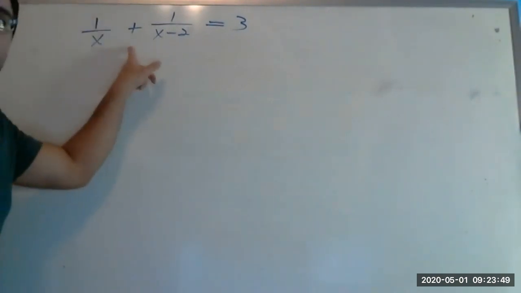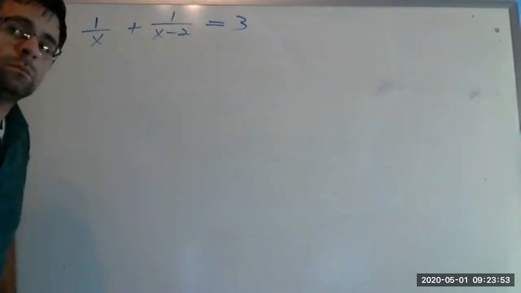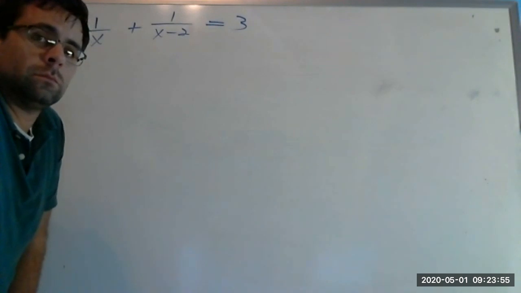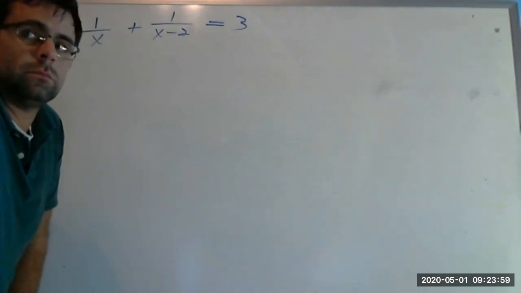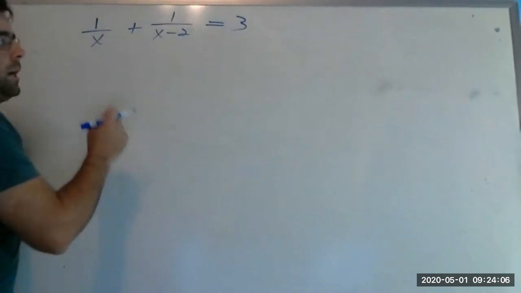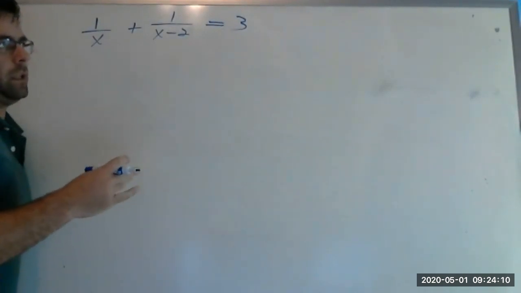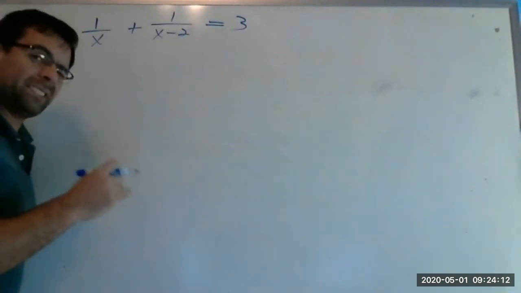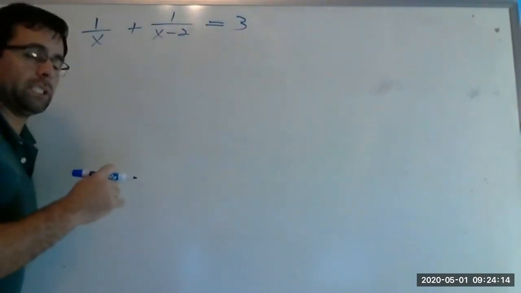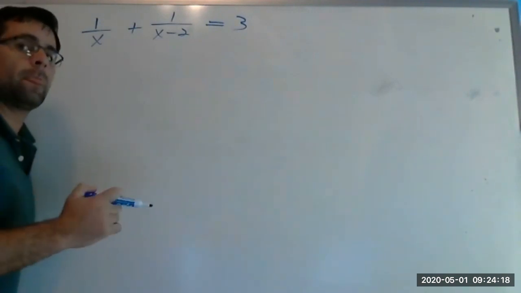What do we do when we're adding fractions? Then we change the denominator. Yep, we find the least common denominator. And this isn't always the best, simplest way to do it, but it is always a way to do it.